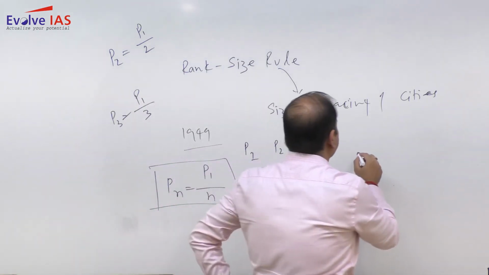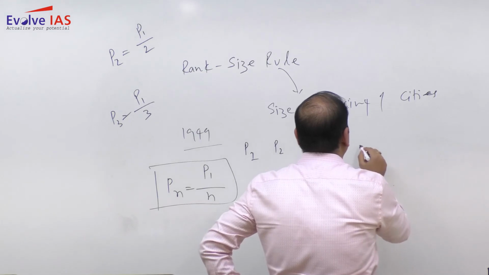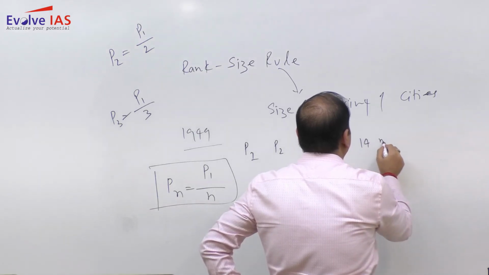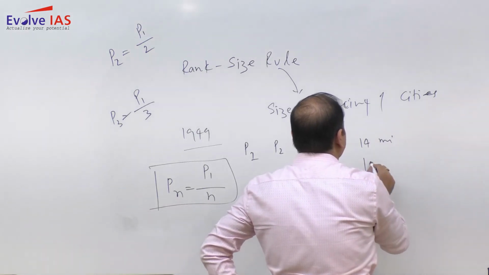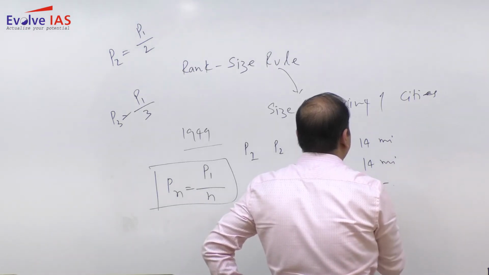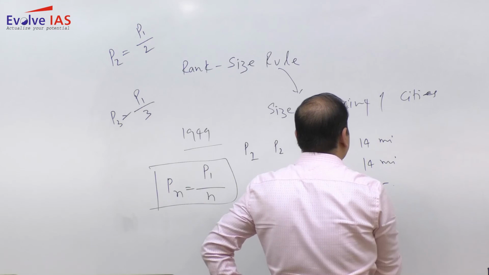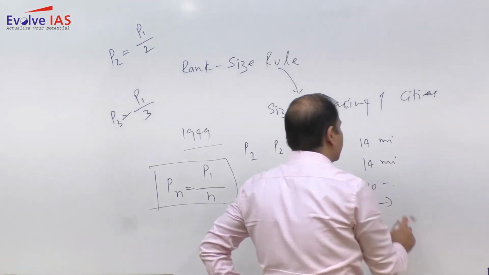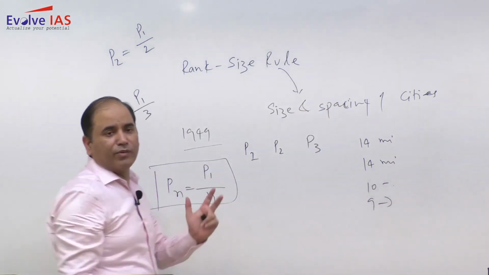Delhi's population as per the last census was roughly 14-15 million. Mumbai's population was also around that. Kolkata's and Chennai's populations were around 8-9 million. So they are very near.